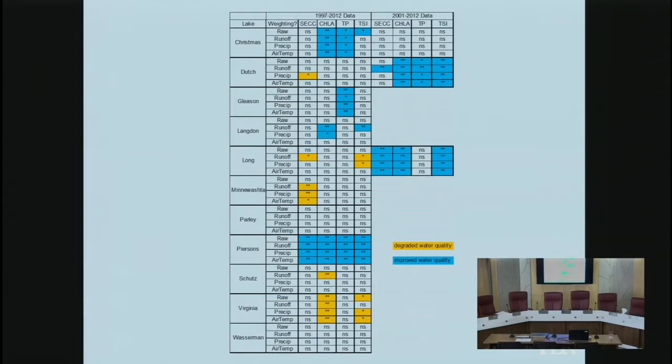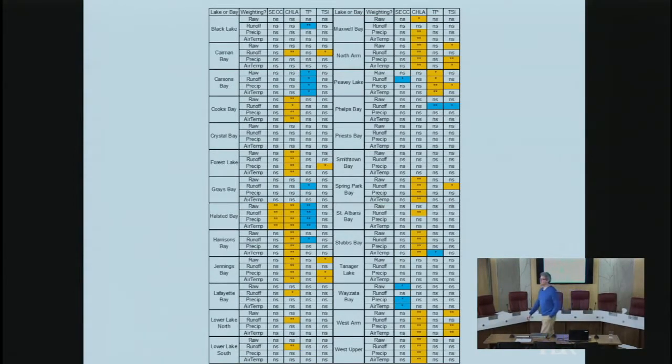Parley, we weren't able to detect a change, but Pearson's Lake, on all categories, has improved quite a bit. That was a real success story. Wasserman and Schutz really haven't shown a lot of change, but Virginia showed quite a big increase in the chlorophyll, or the algae, in the water over that time period.